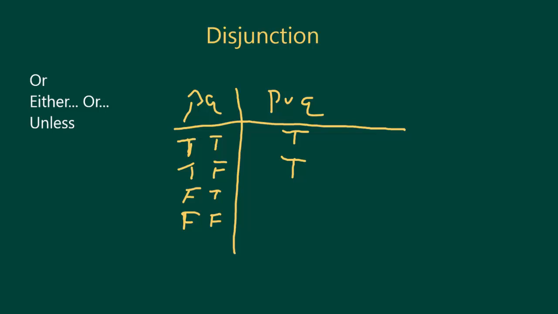Now it doesn't rain, but the grass is green, so we say it's true. The only time we say that it's false is when neither of the options is true. So if I say either it rains or the grass is green, and then you look outside and it's sunny and the grass is brown, you'll say, well, that's false. In any of the other cases, we're going to say it's true.